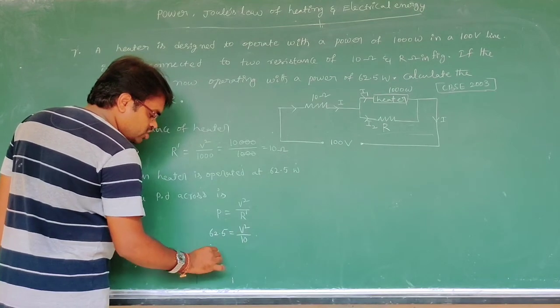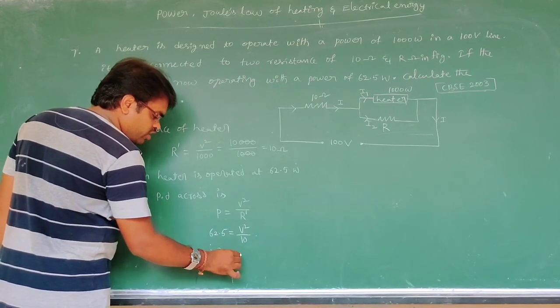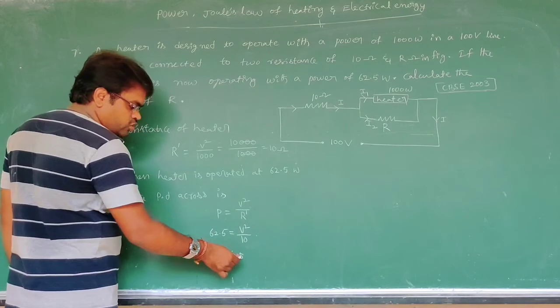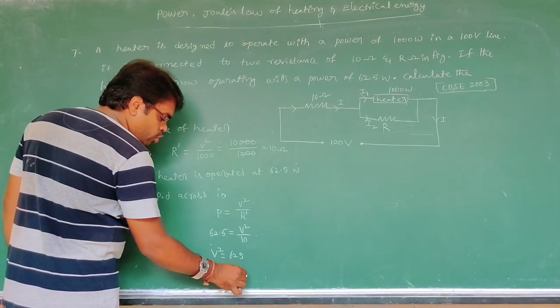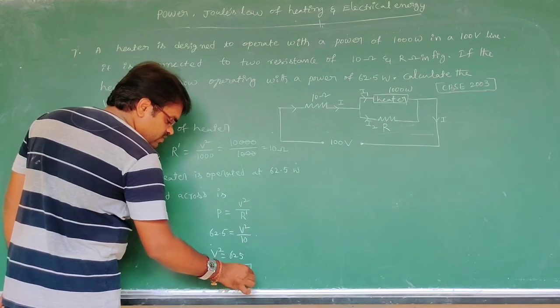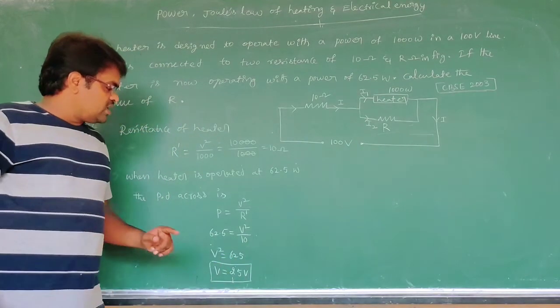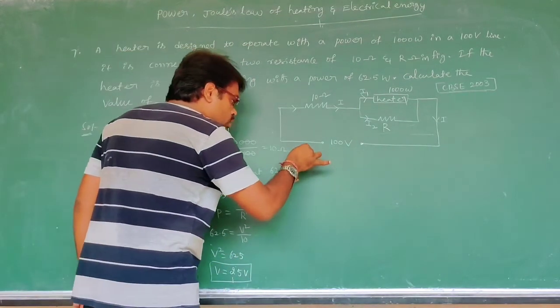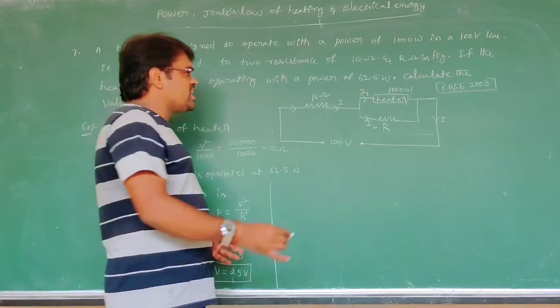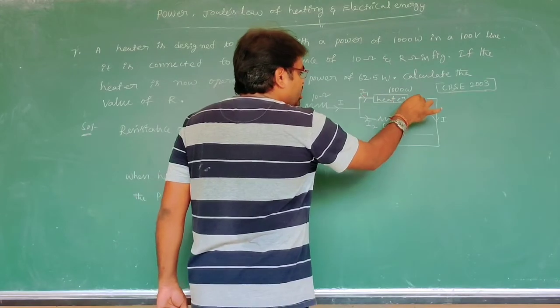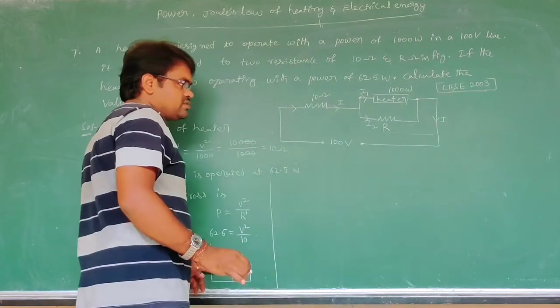Then V square is equal to 625. Then V is equal to 25 volt. So the voltage across the heater is 25 volts.